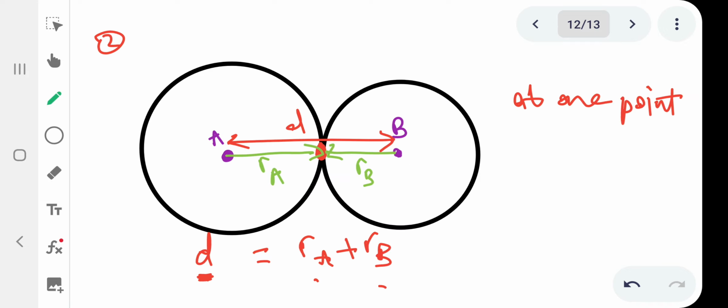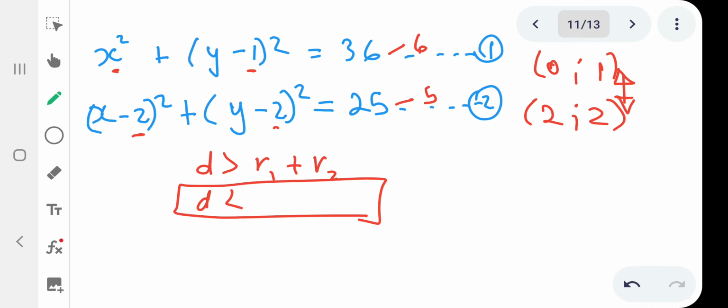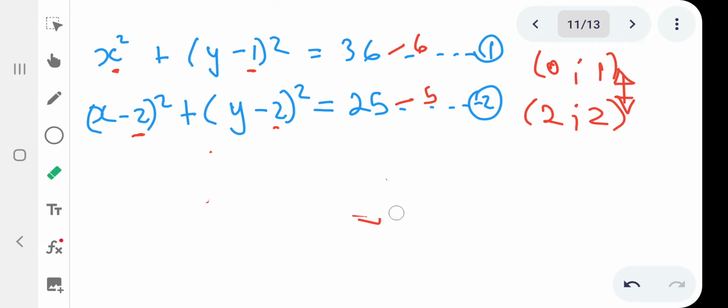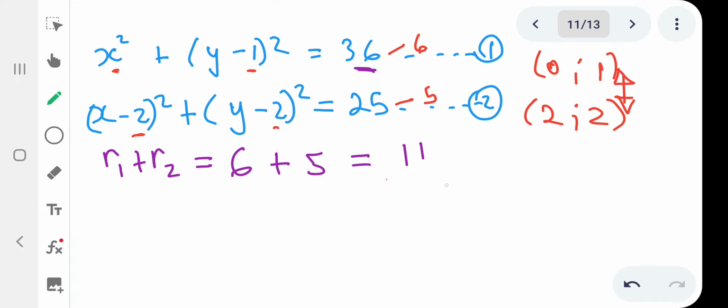And we will answer that later. Okay, so as we are back to this question, let's prove whether these two circles intersect or do not intersect. If they intersect, is it at 1 point or 2 points, right? So we have to calculate the summation of R1 and R2. R1 plus R2: R1 in this case is 6, and R2 is 5. So the summation of the radii is 11, right?